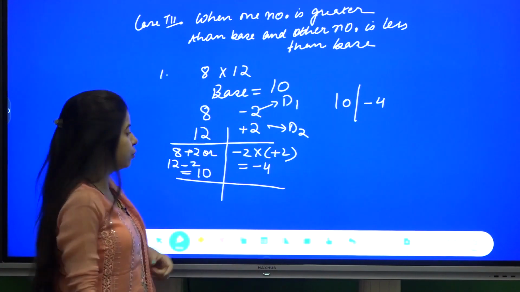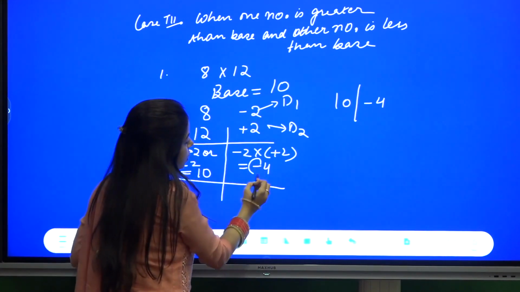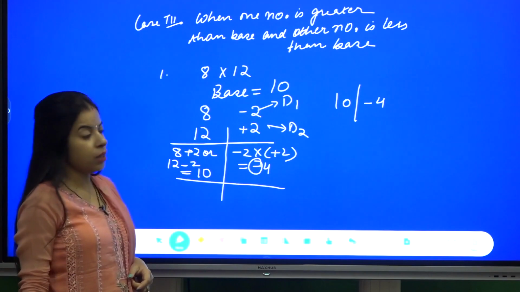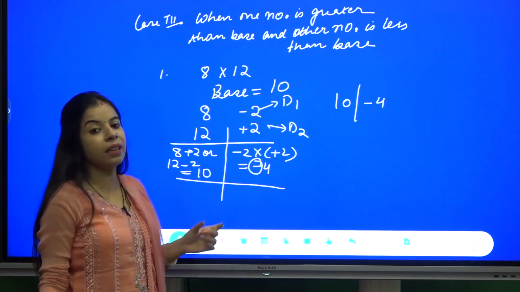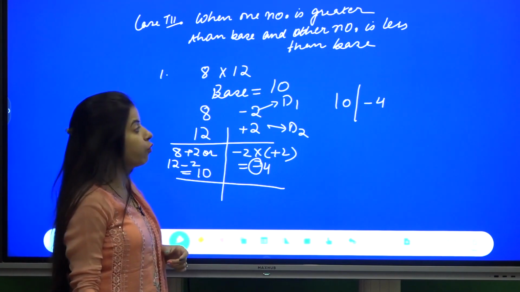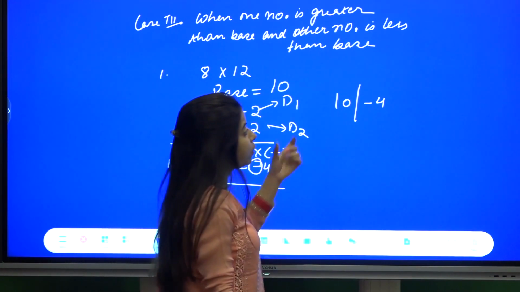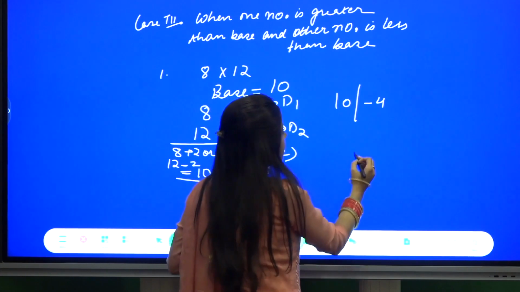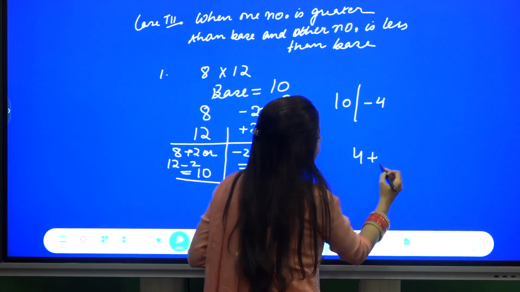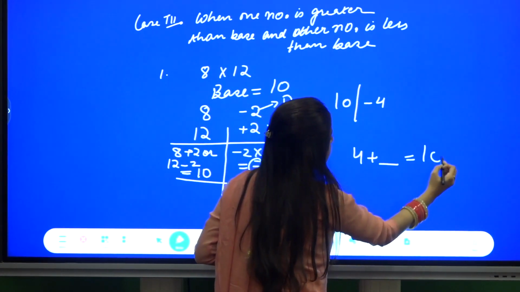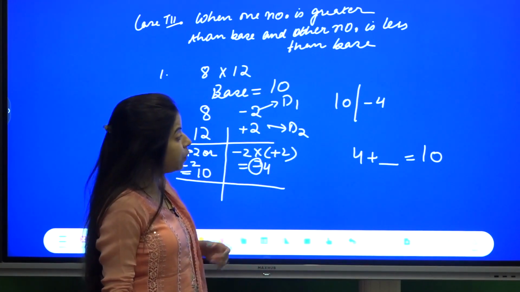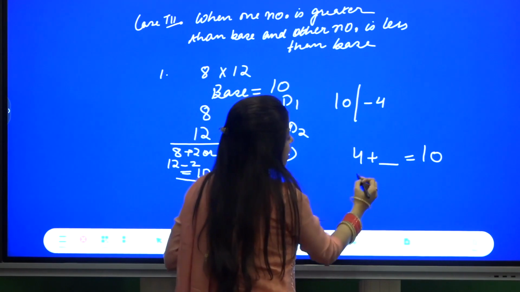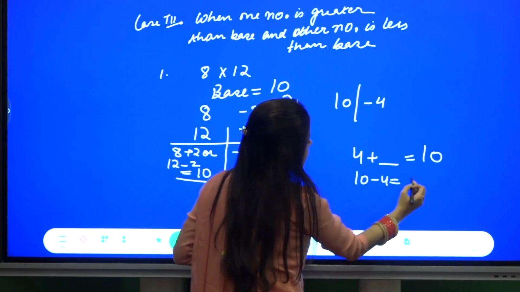Now we have to get rid of this minus sign. So what we are going to do is write the complement of 4. Complement of 4 is what number should be added to 4 so that it becomes 10. We know that 10 minus 4 is 6.